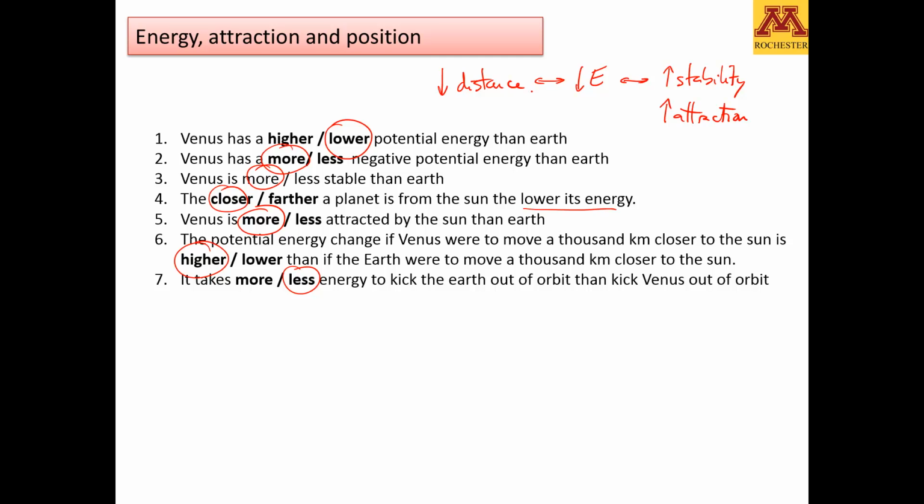So just going through this trend: the lower the distance, the lower the energy, the higher the stability, the higher the attraction, and the harder it is to kick out of orbit. This will be important for electrons because that's how you ionize. So the higher your ionization energy will be. Okay. All right. So hopefully that makes some sense.